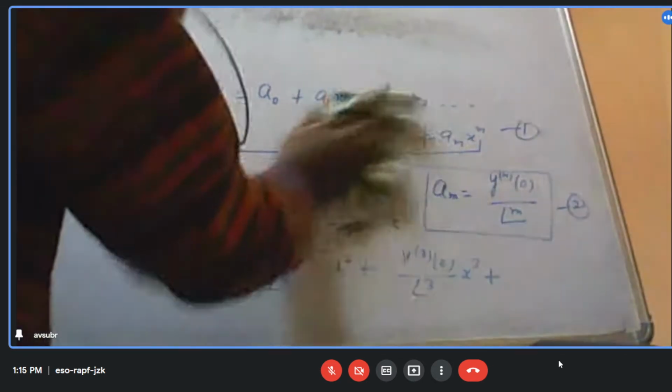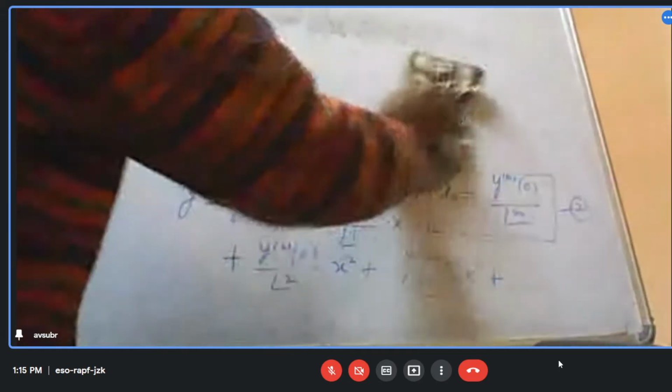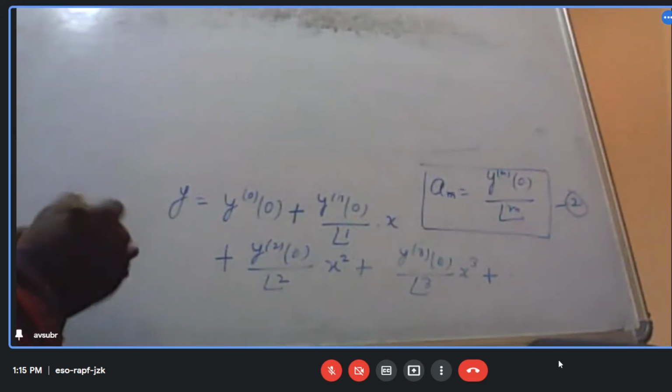Fantastic. So I can write this in a better notation.